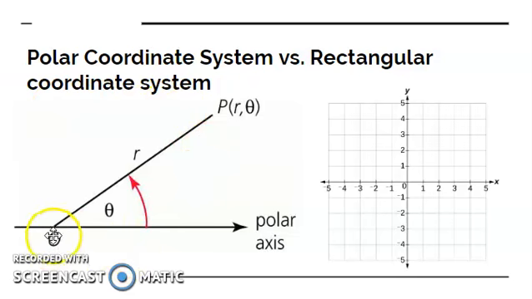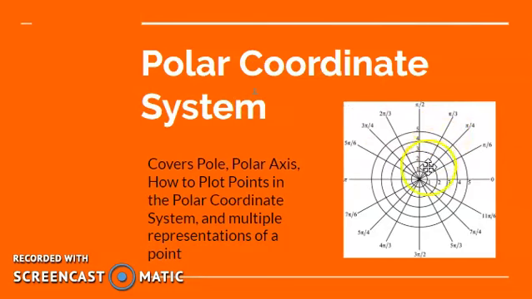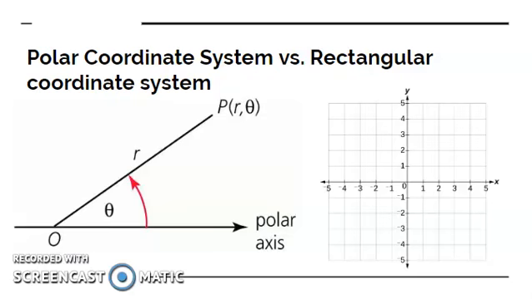So here is the pole, which is O, and the polar axis is basically the positive x-axis in our rectangular system, and r is the directed distance from the pole. So if we have a point here, for example, the r value would be 2 because it's 2 circles away from the pole.